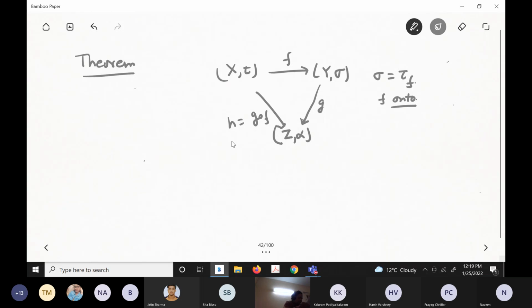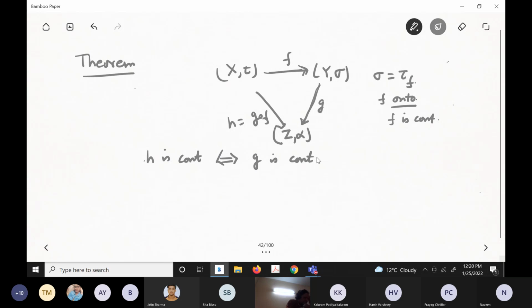Look what I'm saying. Here you have a map, the full information you have, from X to Y with sigma. Of course, this is the quotient topology, so particularly F is continuous also. Sigma equals tau_F, the quotient topology. And you have a third topological space, (Z, alpha), and here you have a map G. So the composition H, that is G dot F, is continuous. This is a very useful result: H is continuous if and only if G is continuous.